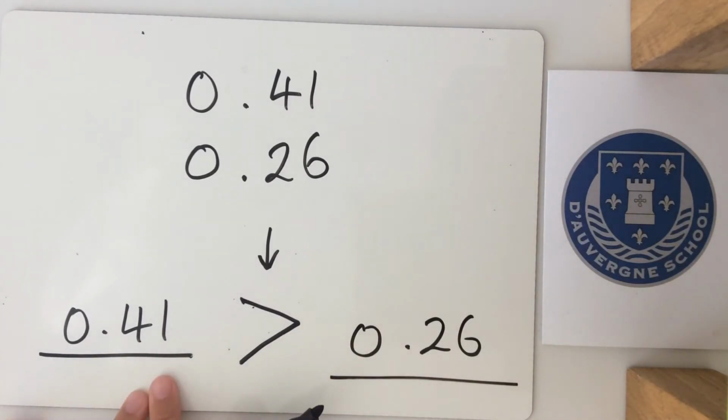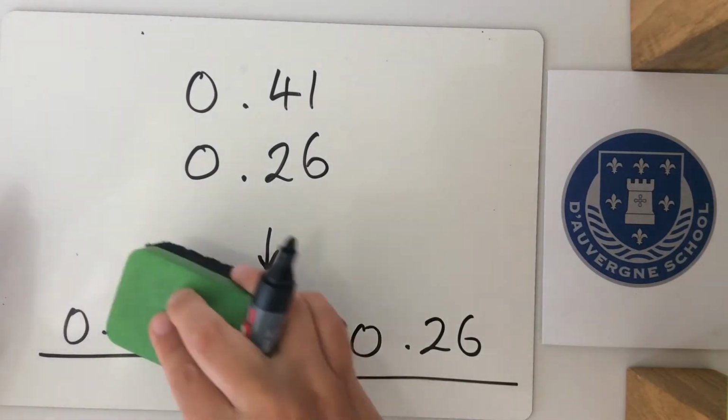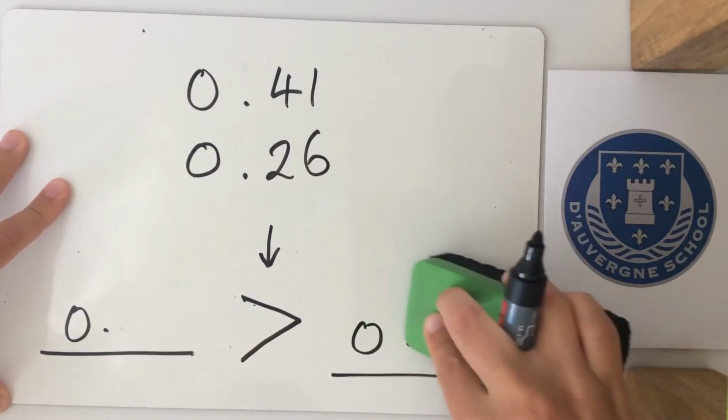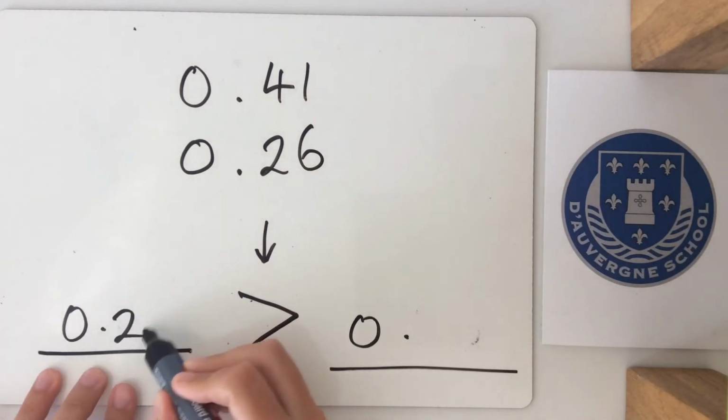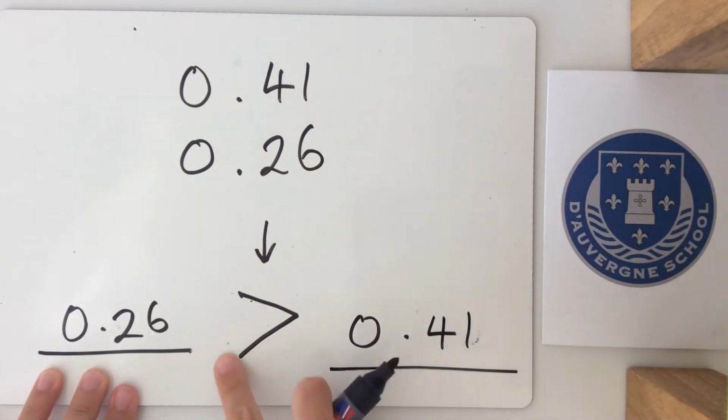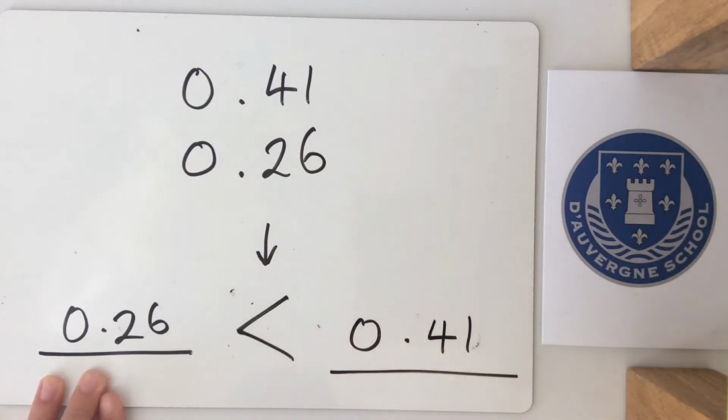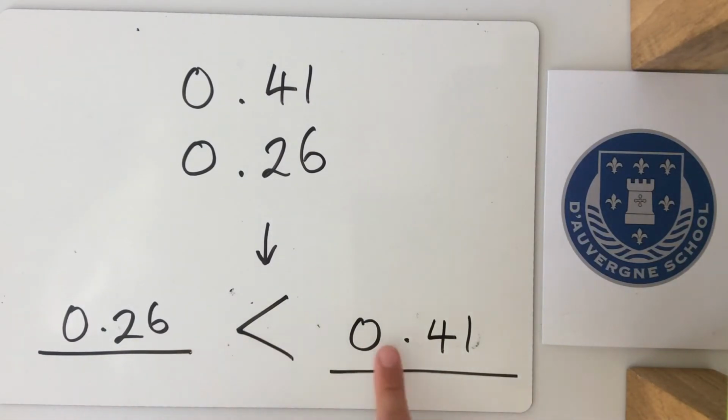The crocodile would eat 0.41 because that has 4 tenths and this one has 2 tenths, so this one is bigger. You could have put them the other way round, but then you'd have to change your crocodile mouth. That says that 0.26 is smaller than 0.41.